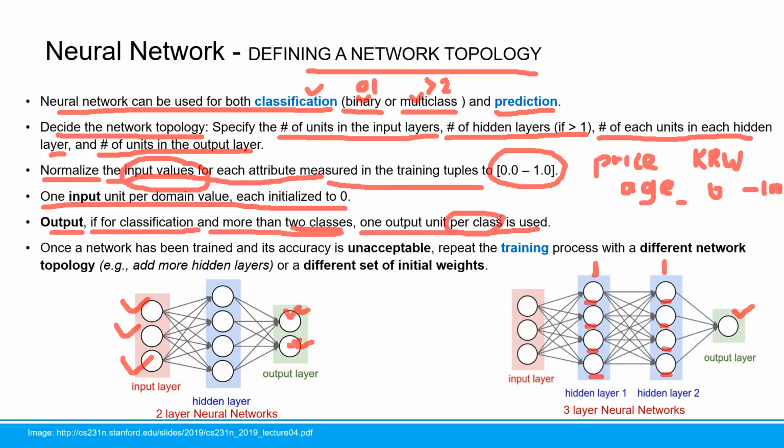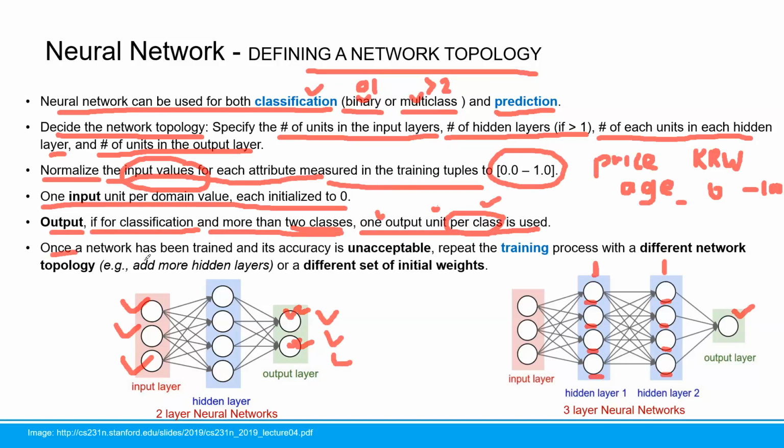Let's say in the iris flower, how many classes do we have? We have three: Iris setosa, Iris virginica, Iris versicolor. So in that case, we also need three output units, one output unit per class.